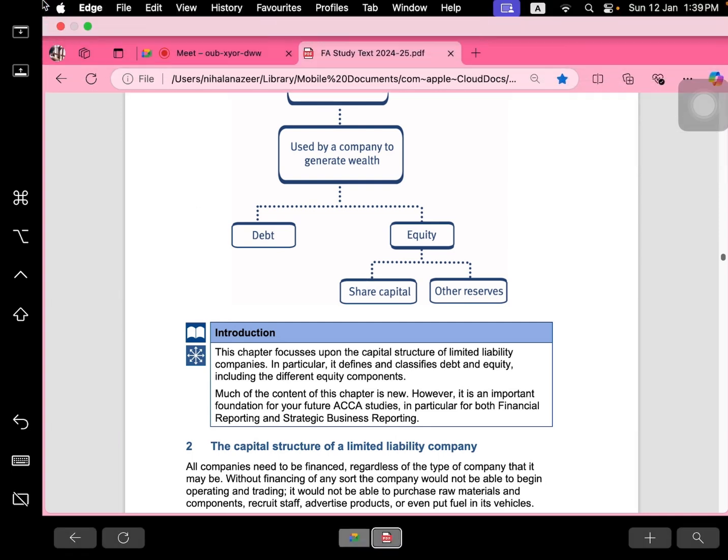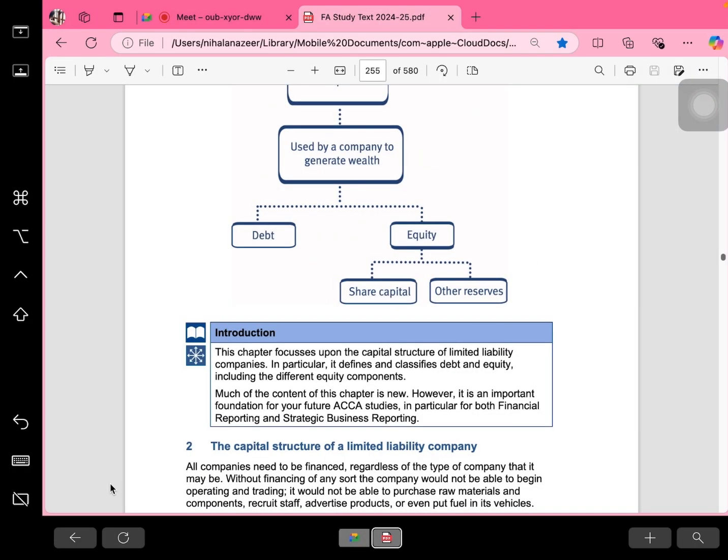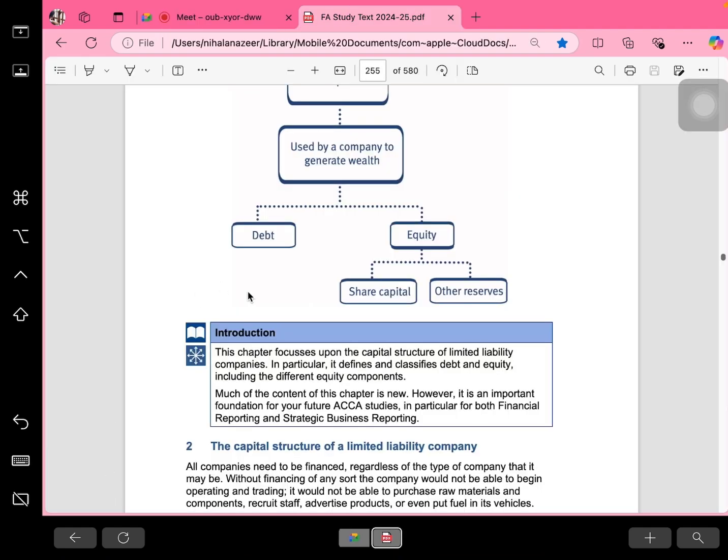You can see the screen, right? Can you see the screen? Yes.